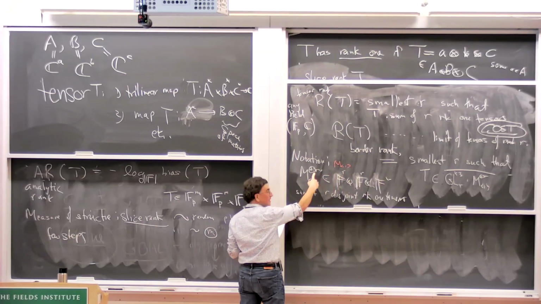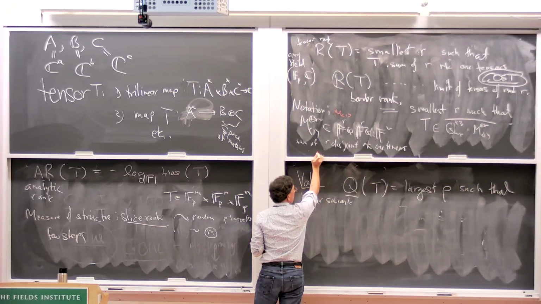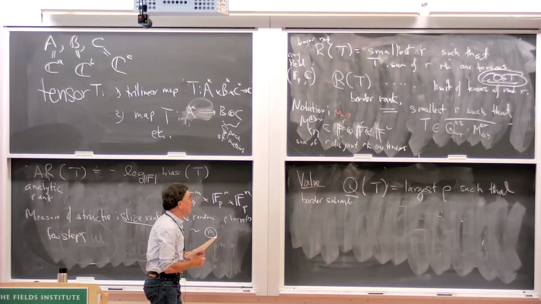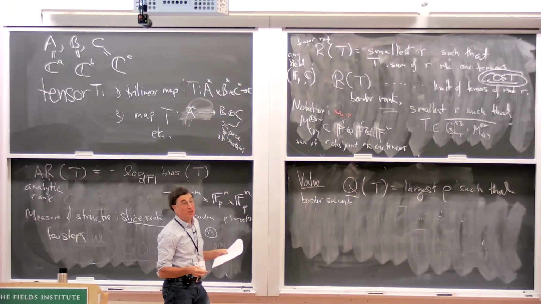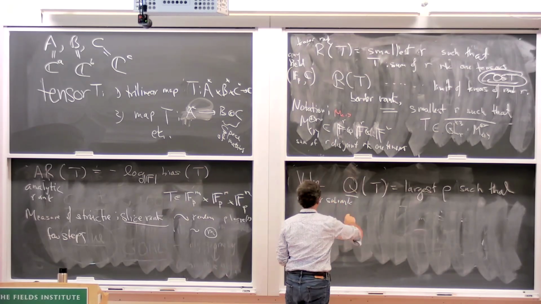And so this has cost and value R. Like many things in life, cost is usually larger than value. So this is the value.